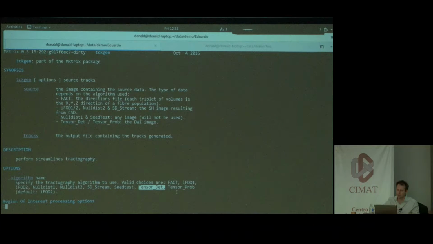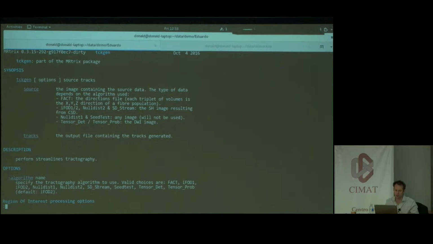Tensor det is a deterministic tensor tracking that does trilinear interpolation on the inputs as well. Then you got a probabilistic tensor tracking algorithm which uses a wild bootstrap algorithm that Derek Jones proposed a while back. ifod1 is essentially what it was in MRtrix 2. ifod2 is the new stuff. Null-dist 1 and 2 are trying to use Jeff Parker's approach at doing the tracking without any information about orientation whatsoever, just to see what would happen if your data was non-informative, and you can try and build a null distribution for your tracks that way.